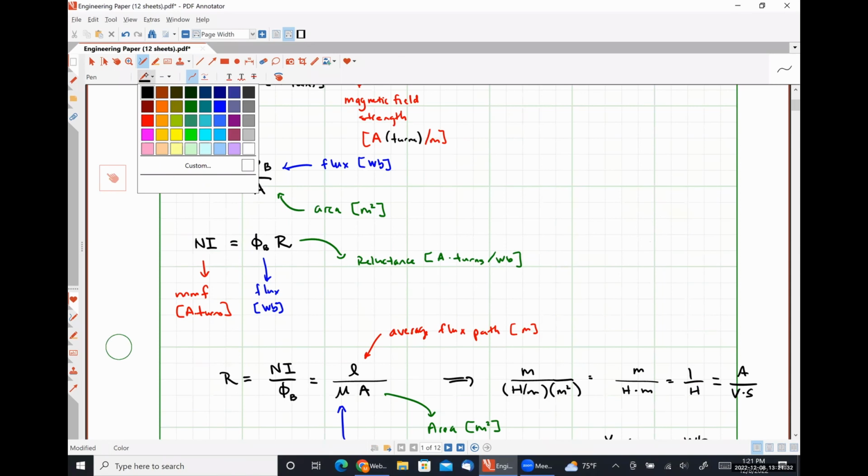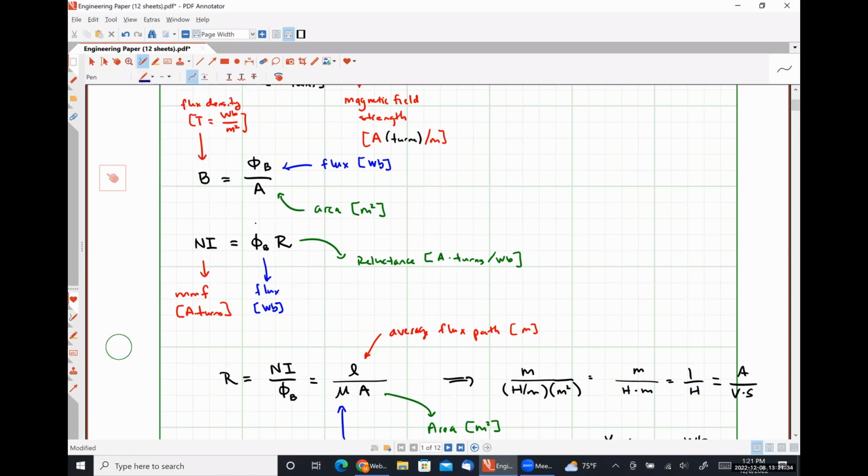So this guy right here is Ohm's law for magnetic circuits. We are trying to find MMF, which is effectively V. We were given flux, which is effectively I, and we just found R. So since V is equal to I times R, MMF is equal to flux times R.